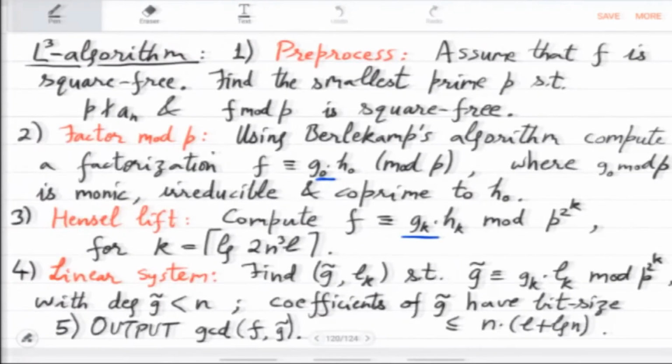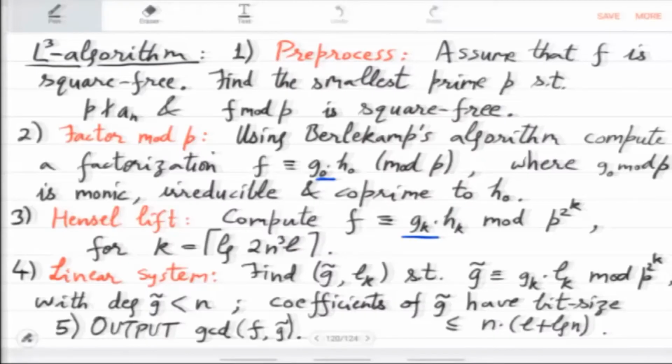So, step 4, we know that if there is an integral factor of f, it will have bit size smaller than n times (L plus log n), right. This is what we have shown, and step 4 is trying to find that. Okay. So, if f has a factor, then g_k will lead you to that factor, g tilde. So, existence is now clear. How do you construct this? That is not clear.